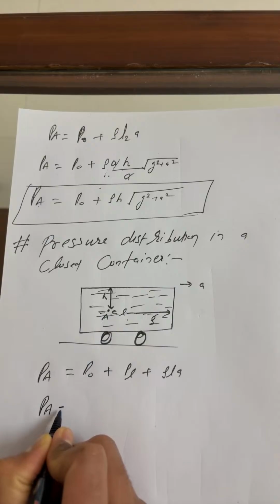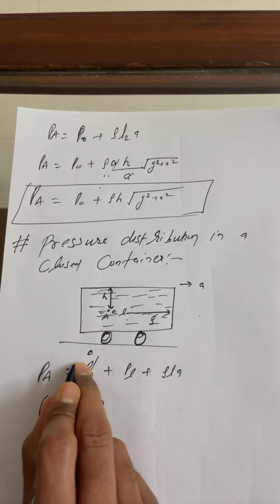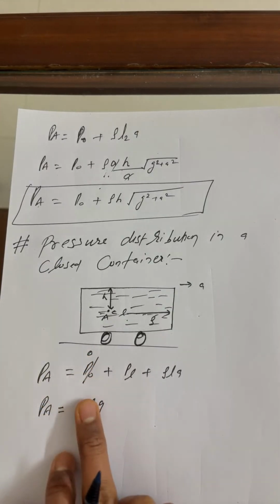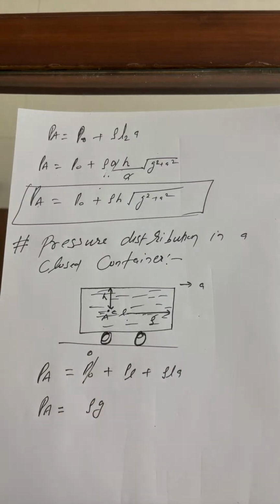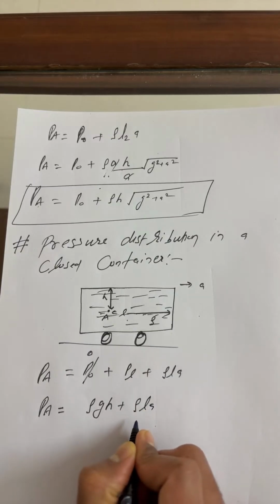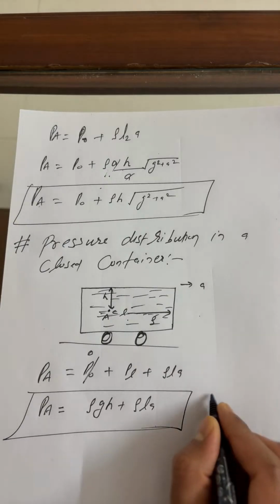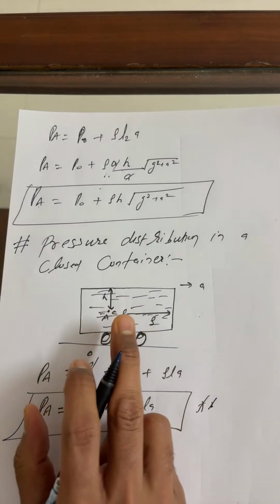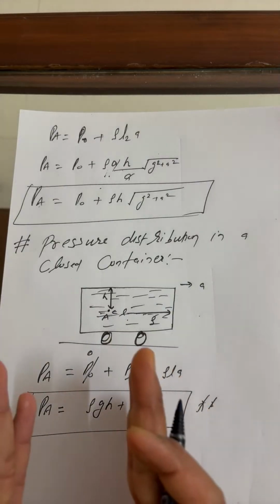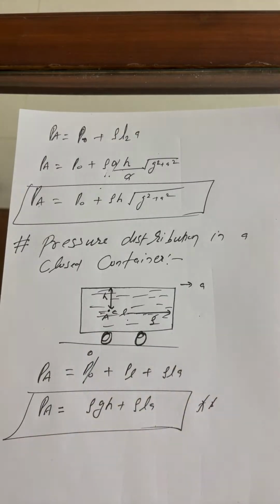So pressure at A, because P naught is equal to 0 for a closed container, this is rho g h plus rho L a. So just take into consideration, if they ask this kind of format, then you have to use this formula. Otherwise, if your fluid motion is horizontal, then you can take rho L a.